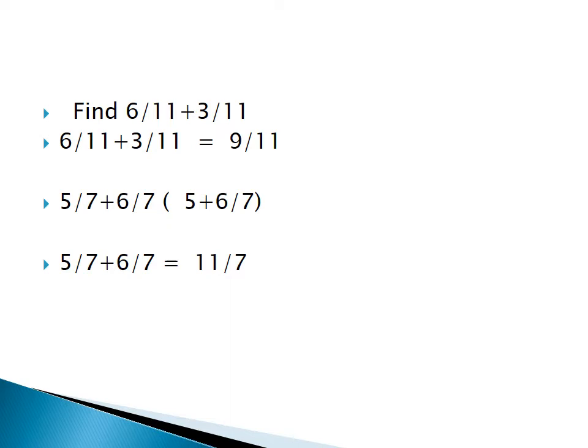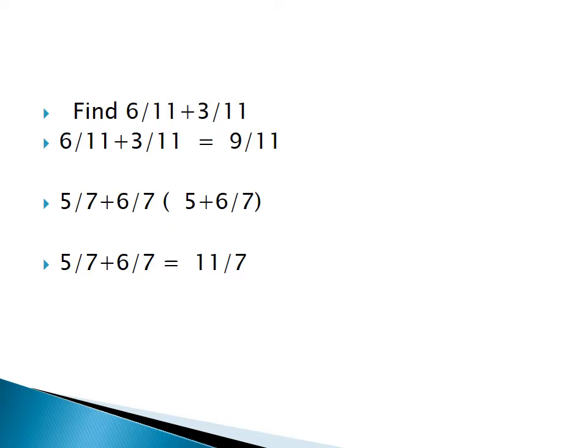In 6 by 11 and 3 by 11, first of all, we will add 6 and 3. 6 plus 3 is equal to 9, and the denominator we will write only one time, that is 11. We will not add the denominator.